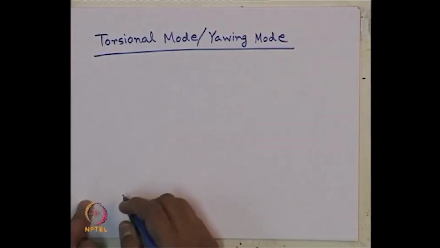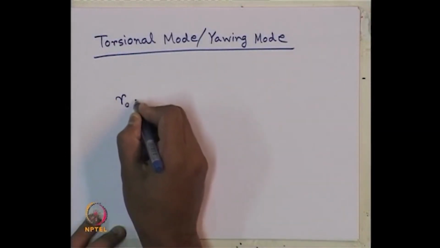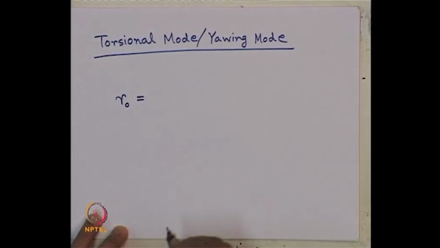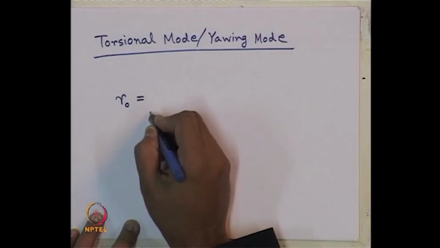In this case, again the projected area has to be compared with respect to the area moment of inertia for a circular footing and a rectangular footing, and the formula is given by this.